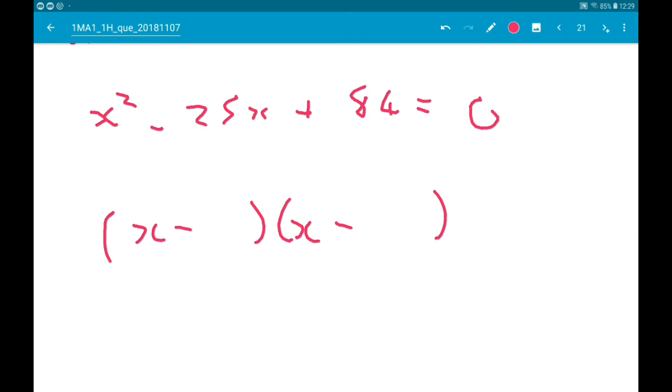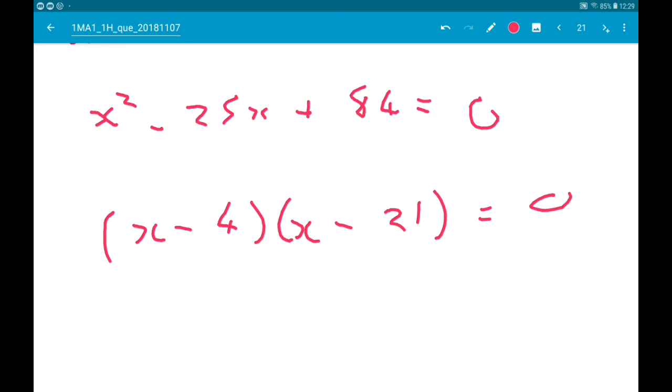Okay, so 2, not going to do it, 4 goes into 84, 21 times, that'll work. Okay, so we get (x minus 4) times (x minus 21) is equal to 0.